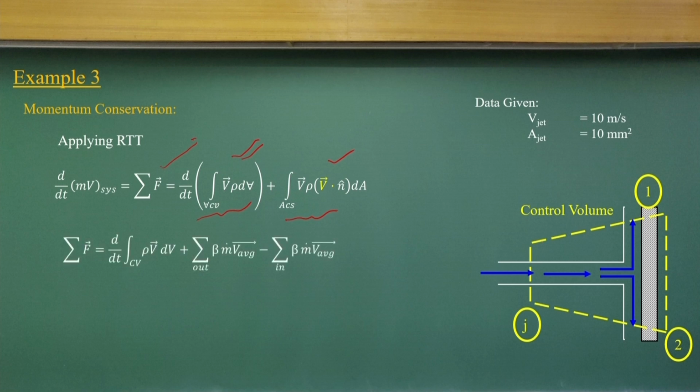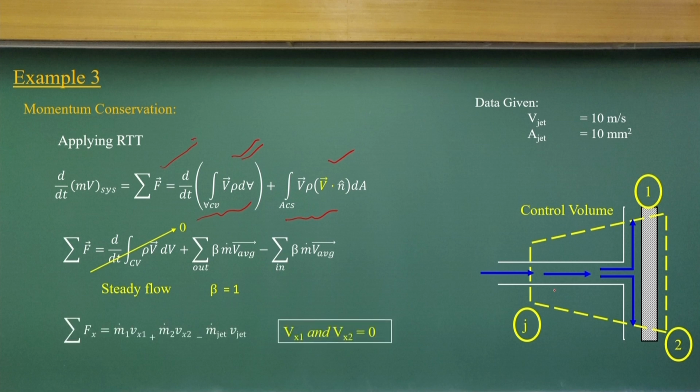Taking the assumption of steady flow, with the flow impacting in the x and y directions, the sum of the forces will be the momentum flux exiting in the x direction and the momentum flux coming into the control volume.